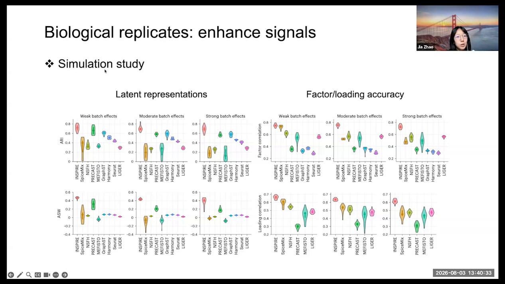Here we use a simulation study to pre-design some factors and gene loadings, and compare the performance among different methods for recovering them. You may see that the NMF-based methods perform very well compared to other categories, but also within the NMF, our method achieves better results.